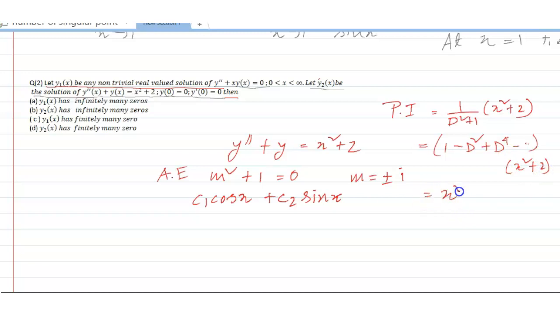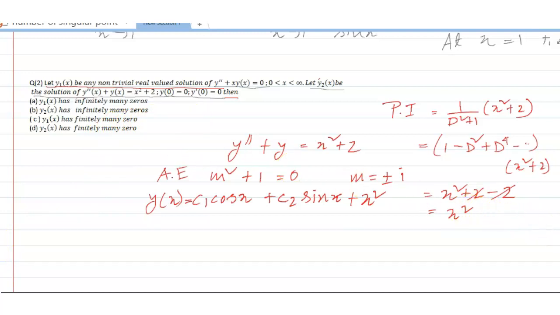The derivative of x square plus 2 is 2, so this cancels, and I get x square. So my y(x) equals to c1 cos x plus c2 sin x plus x square.